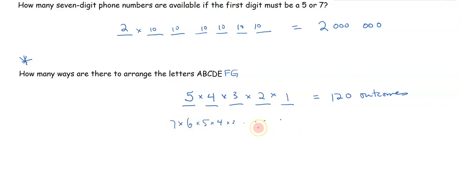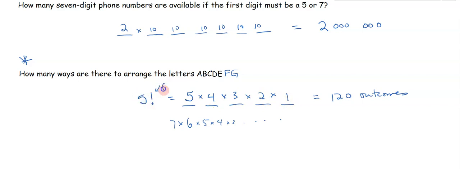So in math, what they have done is they've come up with a notation rather than always writing all the way down, starting at 7, going down to 1, because what if there were 100 letters? You'd be like 100 times 99 times 98, you'd be writing forever, right? So another way to write 5 times 4 times 3 times 2 times 1 is 5, and you put this exclamation mark.